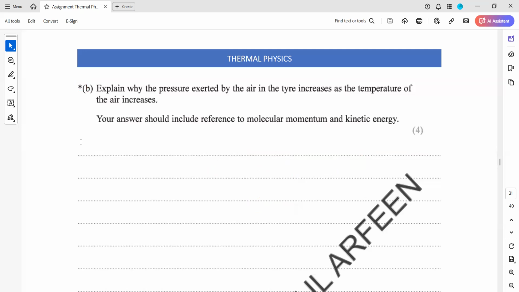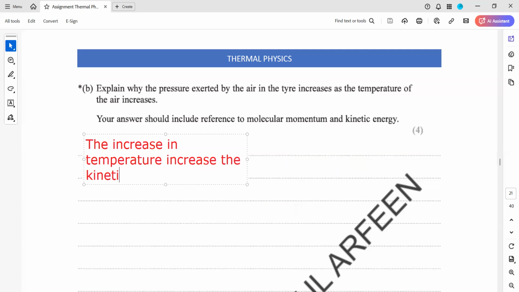Like when we mention the increase in temperature, it increases the kinetic energy. Therefore, speed increases.